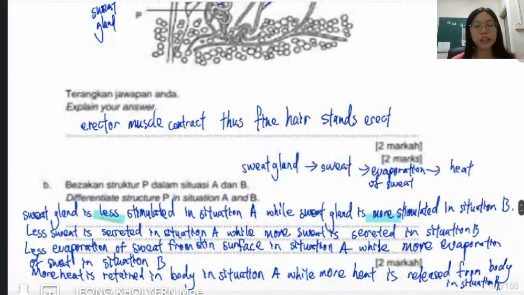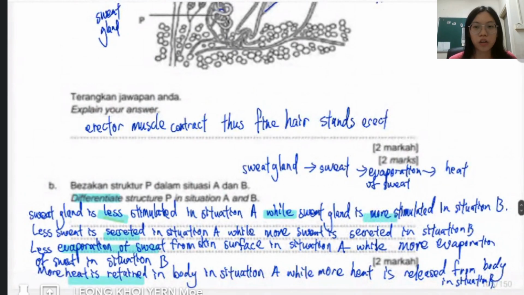Okay, since situation A is very cold, they want to return back to the original normal range. They want to retain more heat in the body, so less sweat secreted, less evaporation of sweat, so more heat is retained. And when it comes to differentiating, you have to remember to write the keyword "while" and emphasize which situation it is.